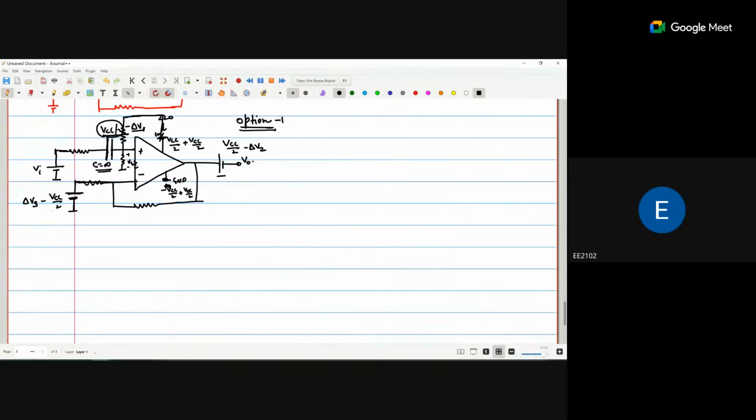Because you know that capacitor discharging depends on the time constant, that is RC, and the charging and discharging equation is e raised to power minus T by RC. So if C is infinite, that means RC is infinite, and e raised to power T upon infinite means e raised to power 0.